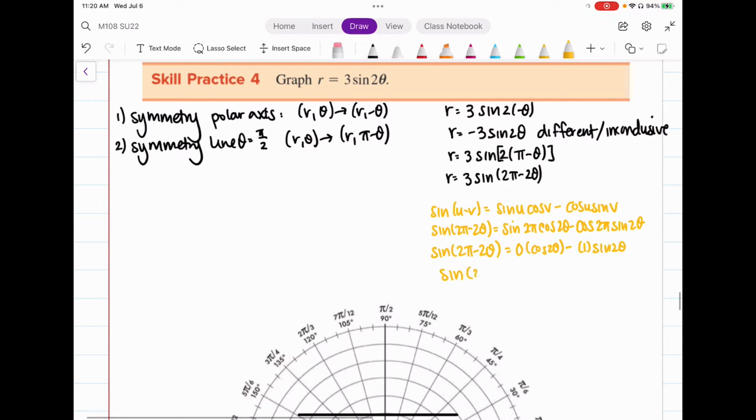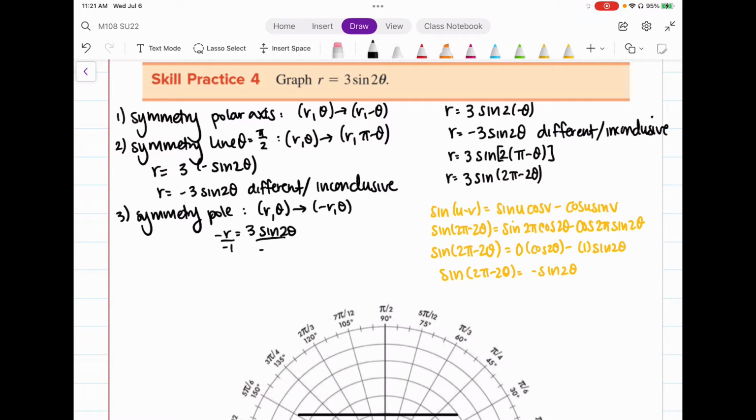Then the sine of 2 pi minus 2 theta is equal to negative sine 2 theta, which means in our equation we have r equals 3 times negative sine 2 theta, or r equals negative 3 sine 2 theta, which is different and also inconclusive.